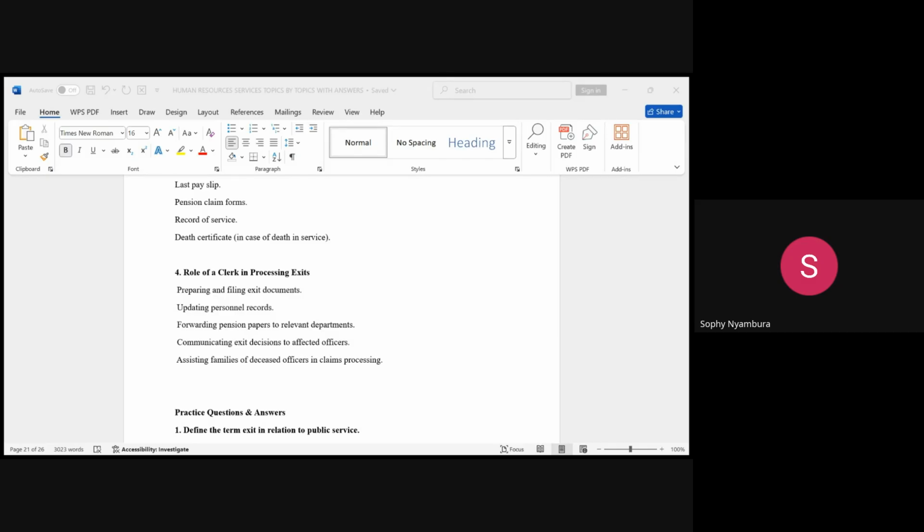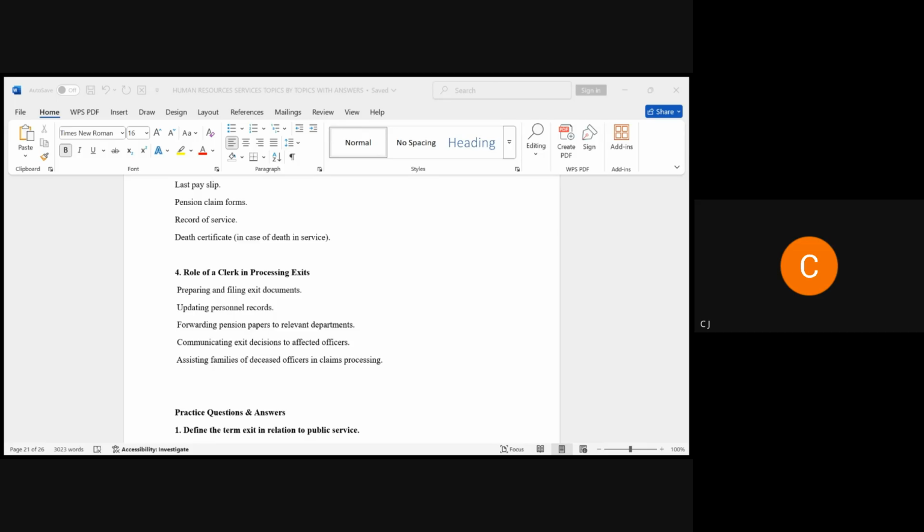Exit is a way of leaving the service either voluntarily or involuntarily. Voluntary ni wewe mwenyewe umeamua, natoka kale kabisa, acha tu niende.